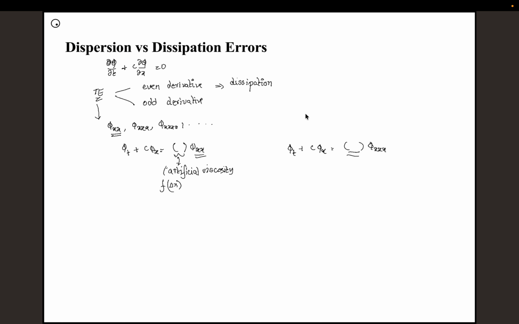Whenever we have these odd derivatives, as we have seen last week, this introduces some wiggles. Or in another way, we can say that this changes the phase speed of this particular problem.